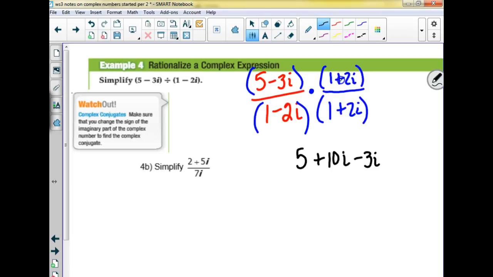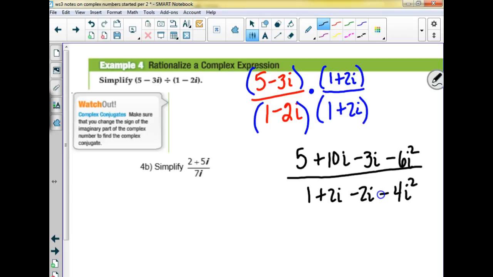And negative 3i times positive 2i, negative 6i squared. Okay. On the denominator, 1 times 1 is 1. 1 times positive 2i. Then I have a negative 2i times 1 and a negative 2i times 2i, which would be negative 4i squared. Now, what happens next?